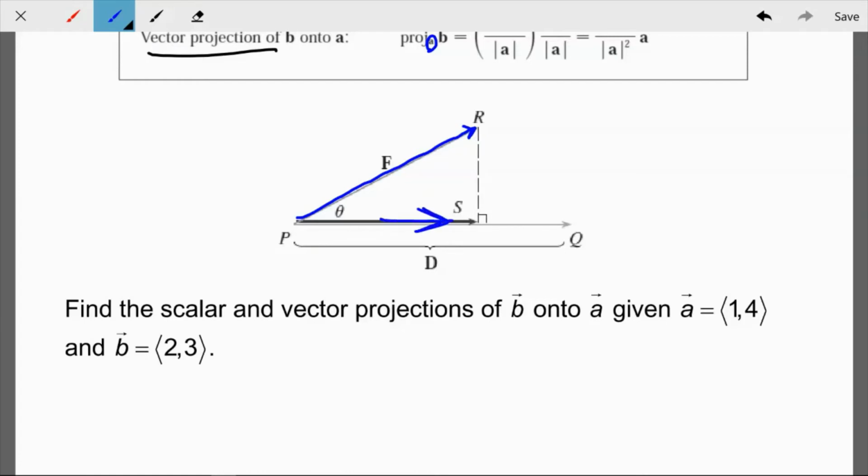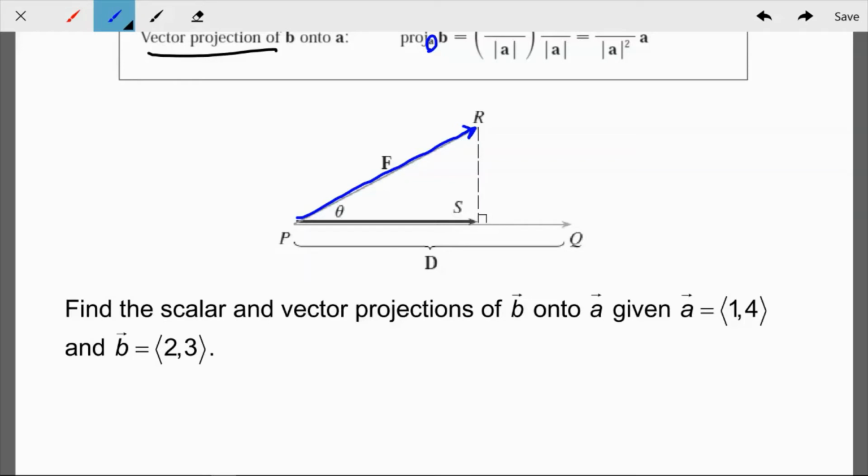That's what I want to know, and that's what the projection would get me. I could get an actual vector projection that tells me I can break my force into one piece that's only going in the direction I'm interested in. Then if I calculate how much work is being done, it becomes a really simple process.